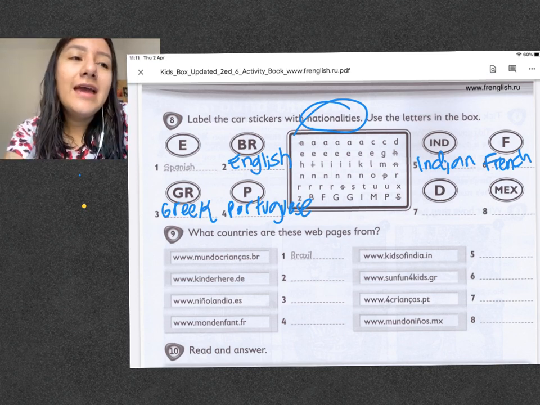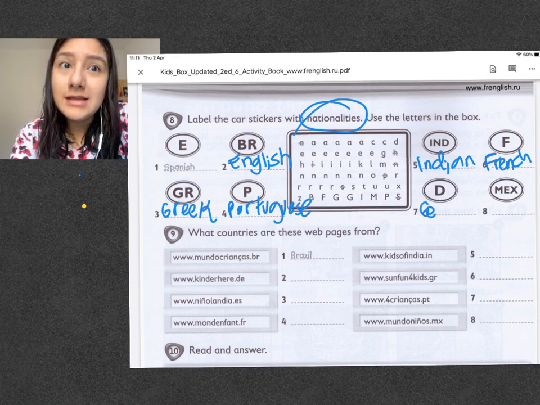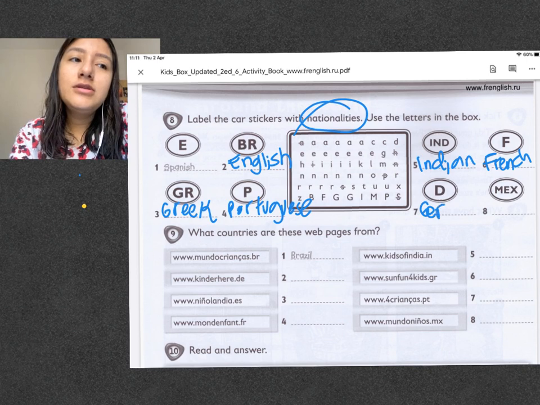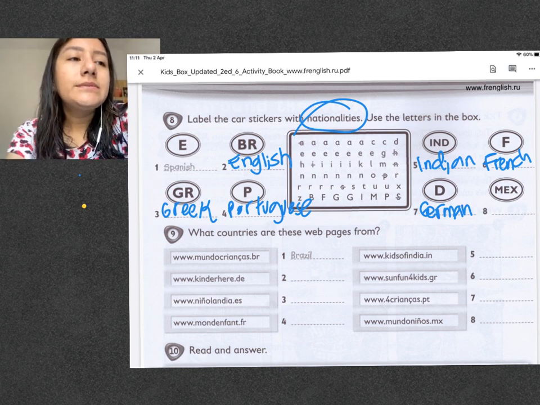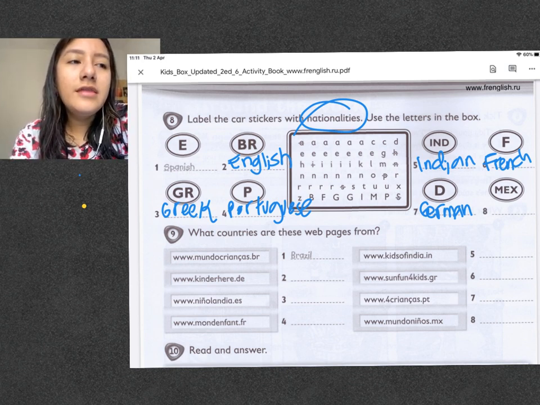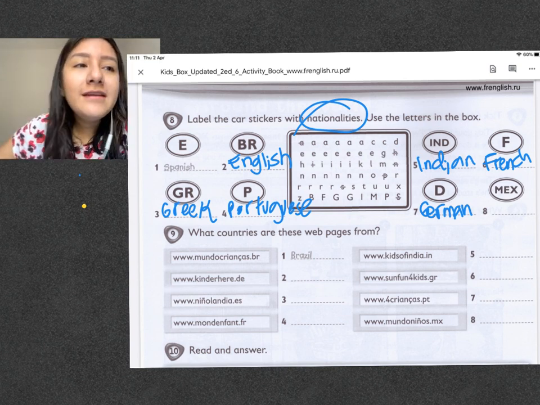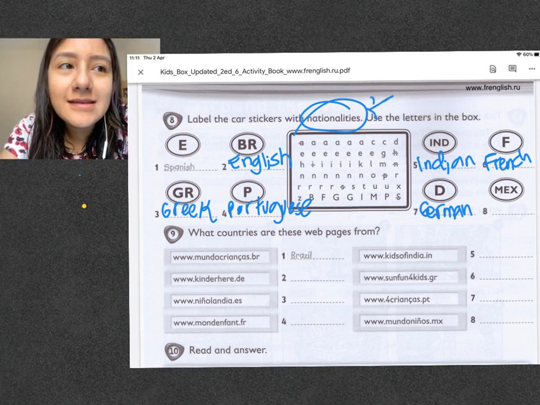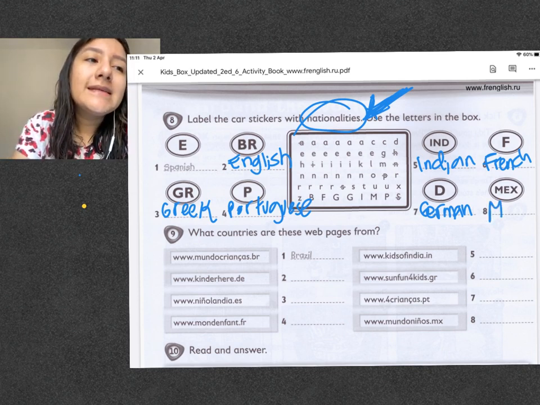And well, the letter D would stand for Germany, as we said, but the nationality is German. Okay, so Germany, German. And then on the last one, well, Mexico is the country, and the nationality, that is the thing that was required from us, was Mexican.